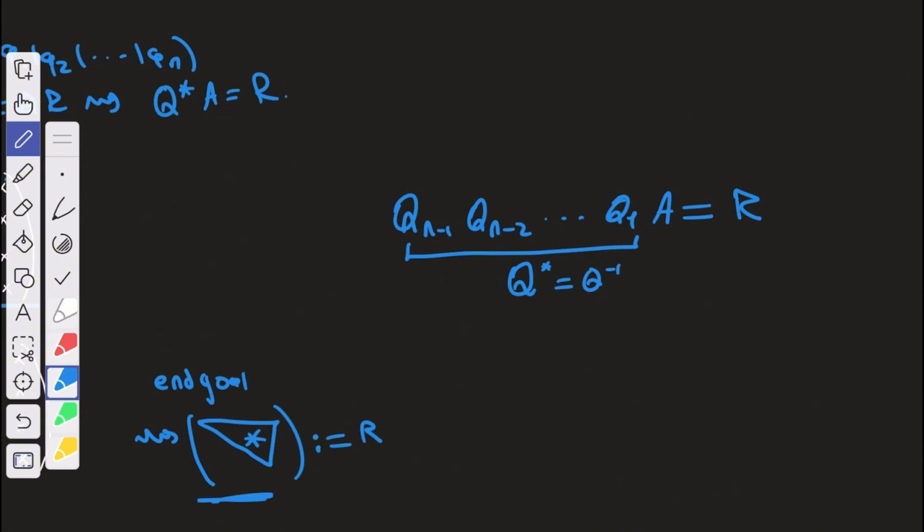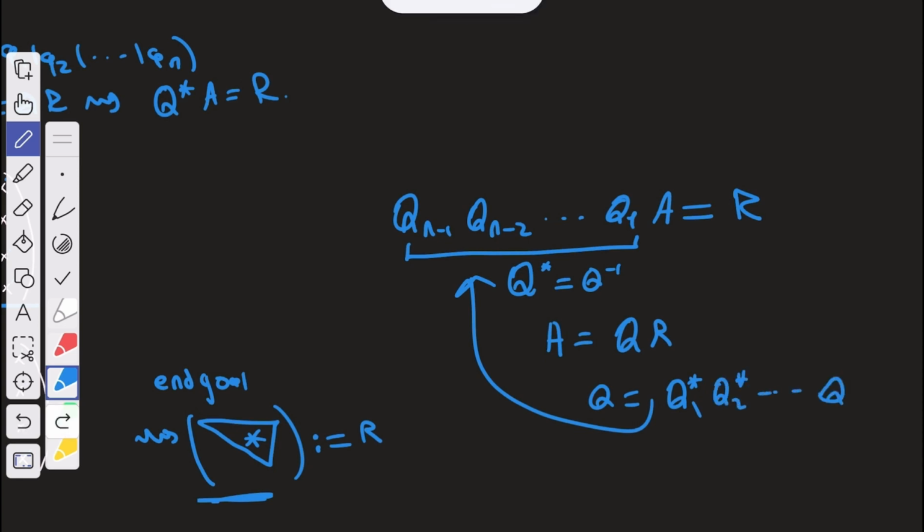And having done that, we will be done, because we would have found the QR factorization of A, which is QR, where Q is this product after we take the inverse of it. So it's going to be Q1 star, Q2 star, up to Qn-1 star. If I tell you how to find these Qi's, these intermediate unitary matrices, you will have a new way of finding the QR factorization of a matrix.